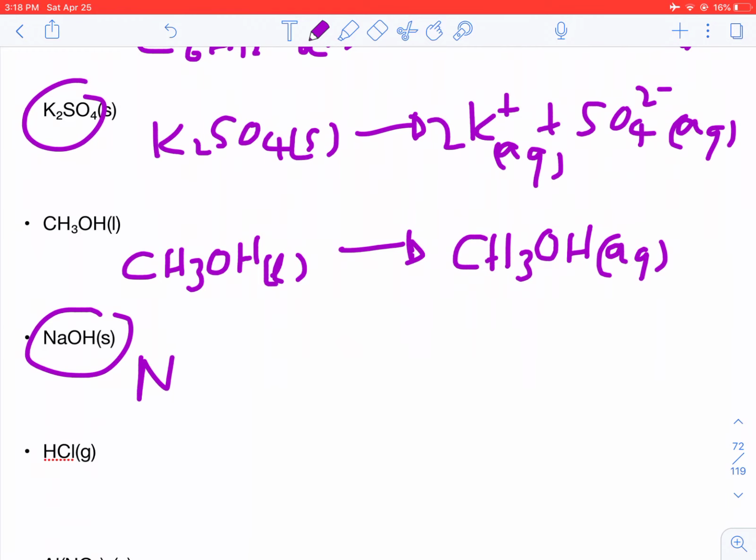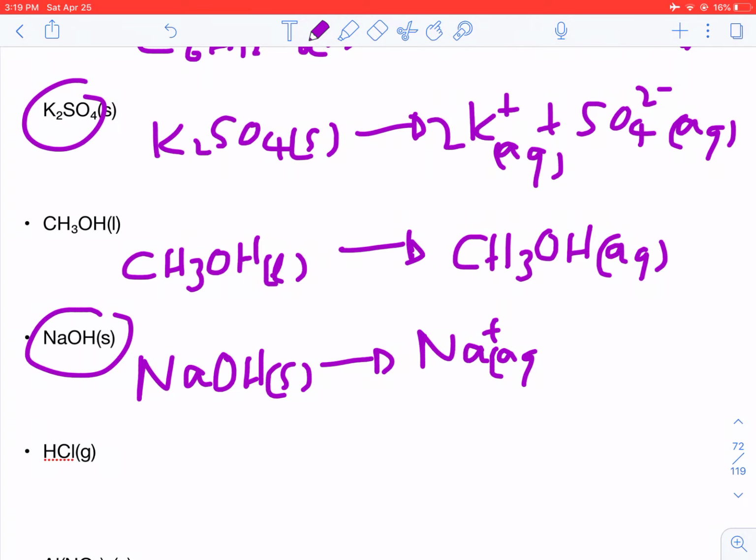So here we got NaCl, sorry about that, NaOH, which is our solid, and that gives us Na plus aqueous, and we know the hydroxyl ion is negative. Right?